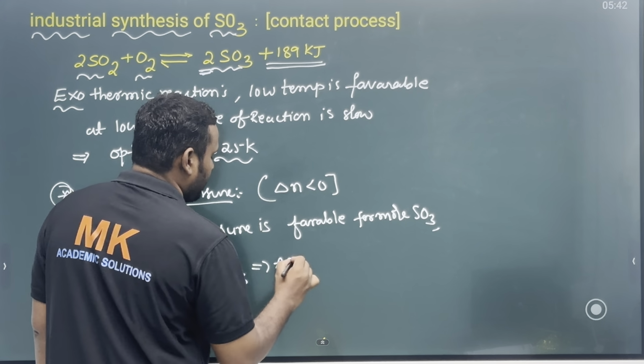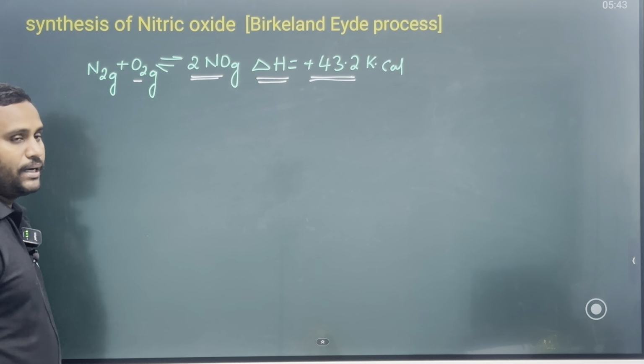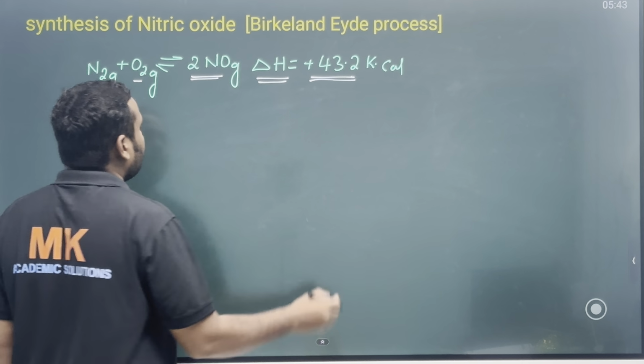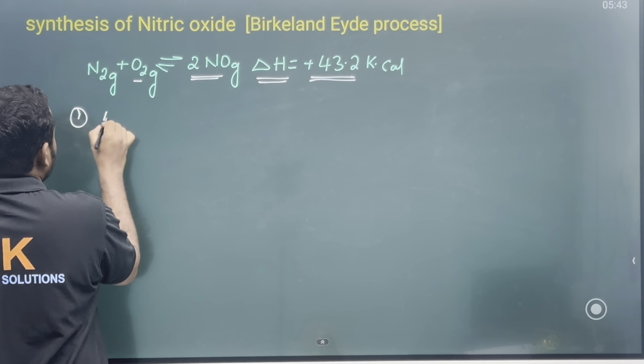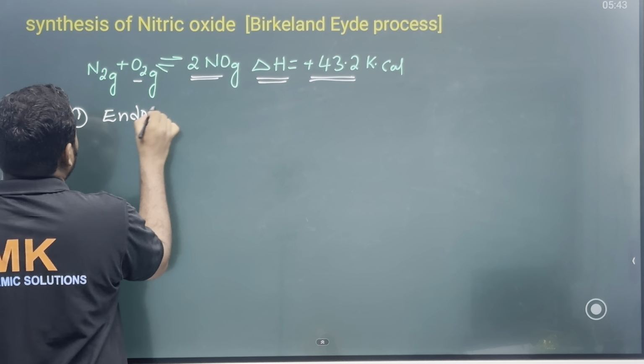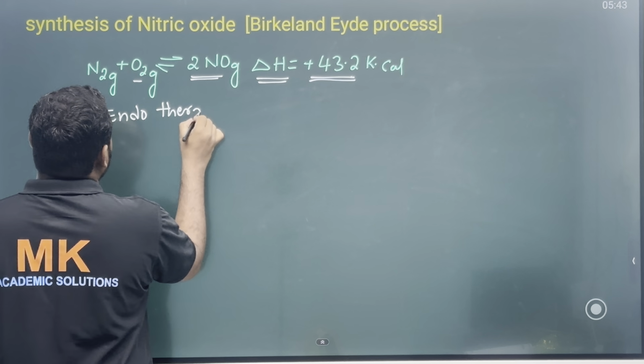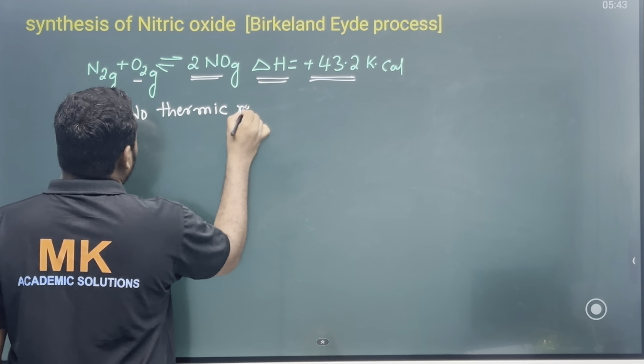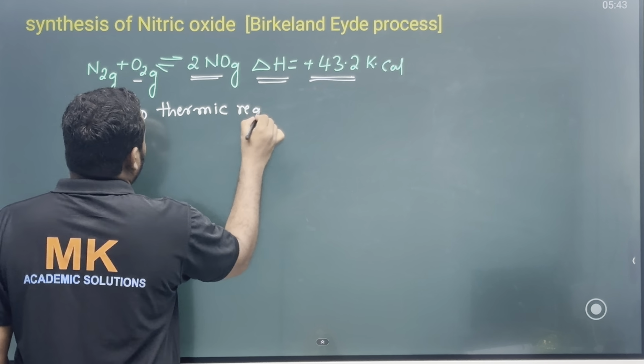Okay. Next we'll see the synthesis of nitric oxide, also known as the Birkeland-Eyde process. Here N2 gas plus O2 gas gives rise to 2NO gas, and here delta H is positive. Delta H positive means it is an endothermic reaction. Some people may ask, sir, in the previous one you also had a plus sign.